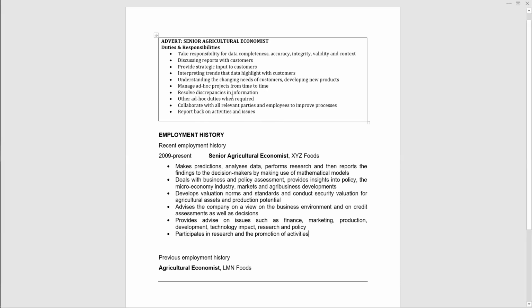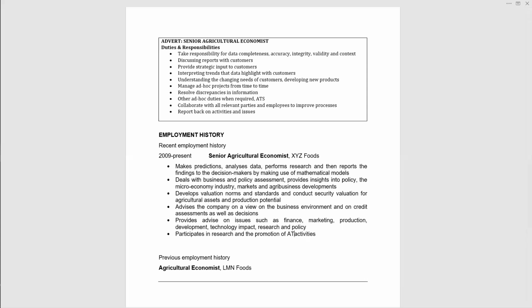So for instance, if it was required that you must have sufficient knowledge of the ATS, then you must write in your CV that you did this and this and this, you worked with ATS, as it is. For instance, if they say ad hoc required and they say ATS, then somewhere in your CV you must have participating in research and promotion of ATS activities.